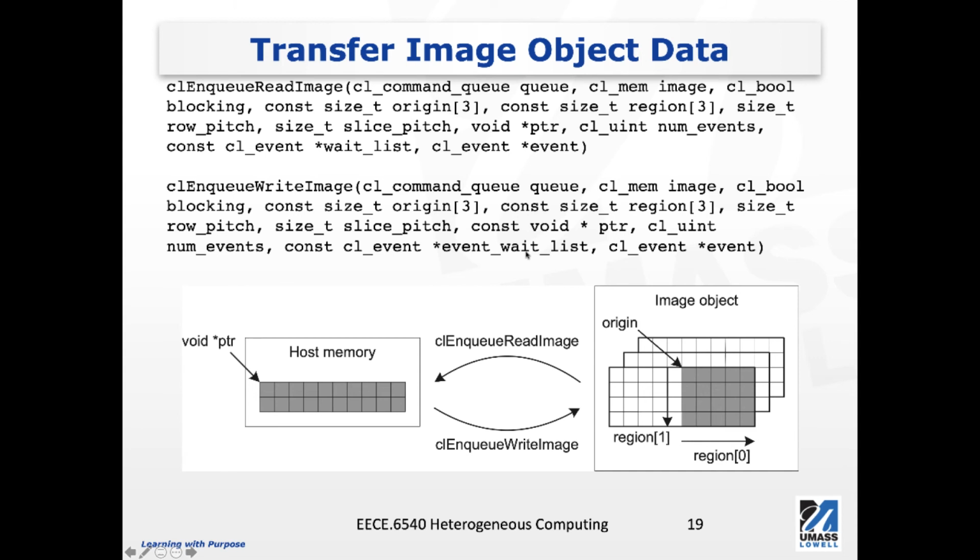So we can use the origin to specify the starting point of that smaller region, and we can specify the region to indicate, from that origin, the size of the particular region that we're interested in.